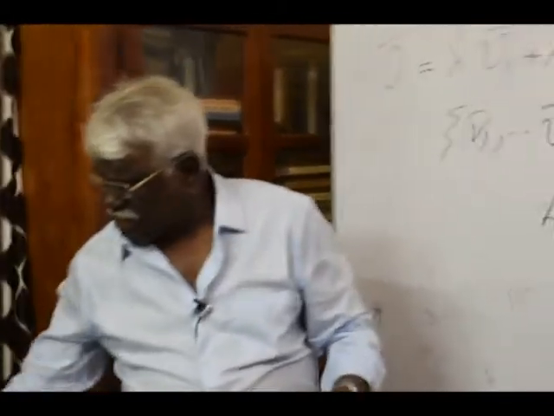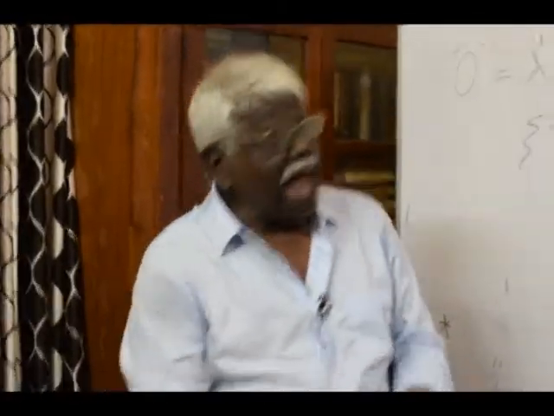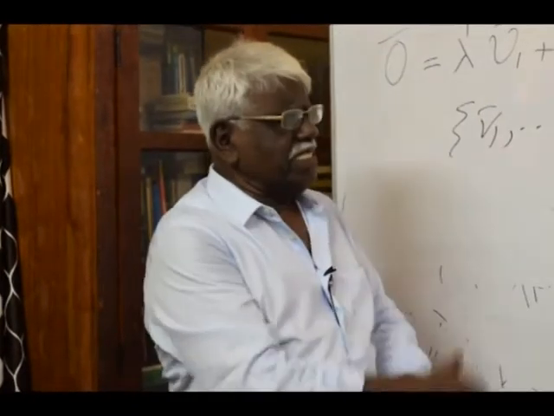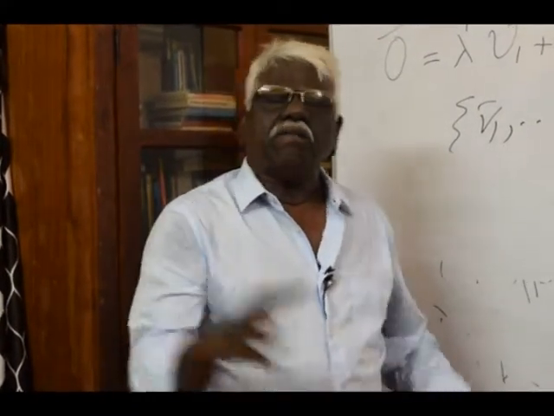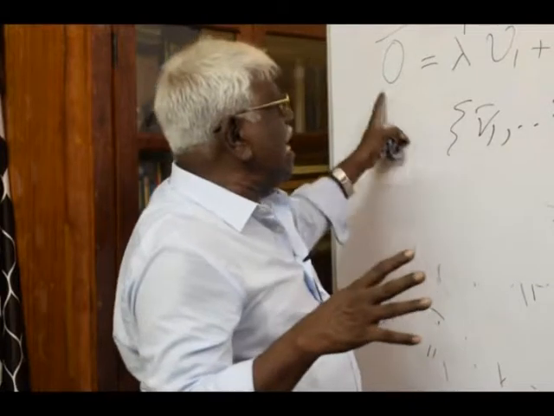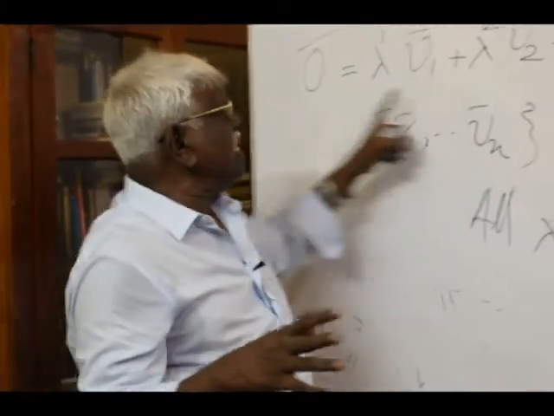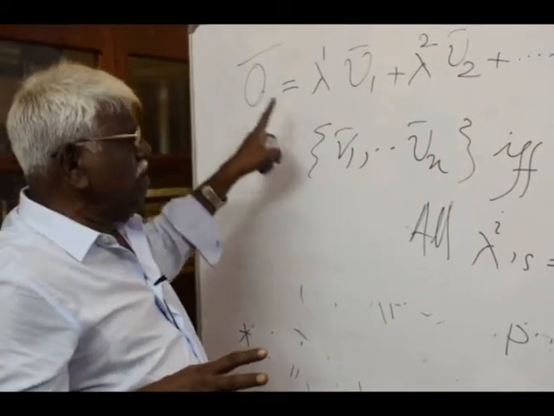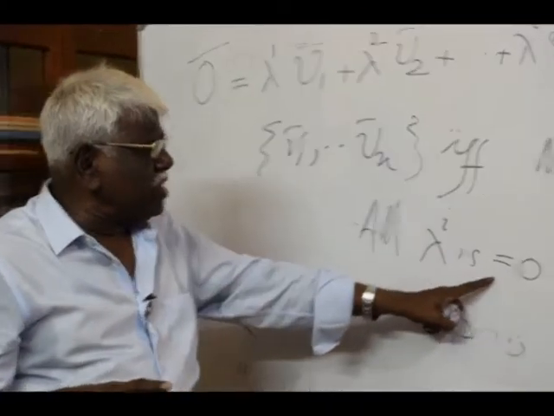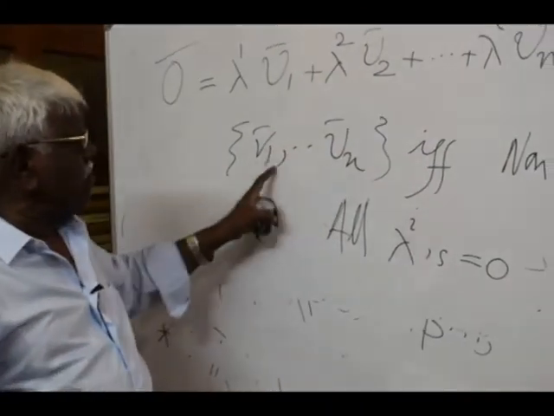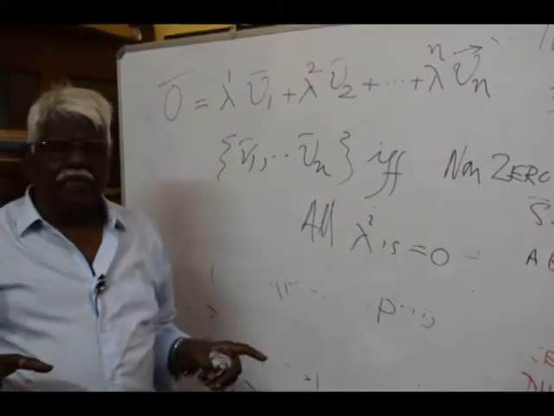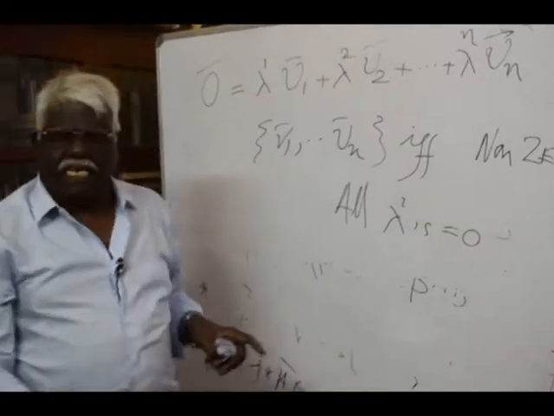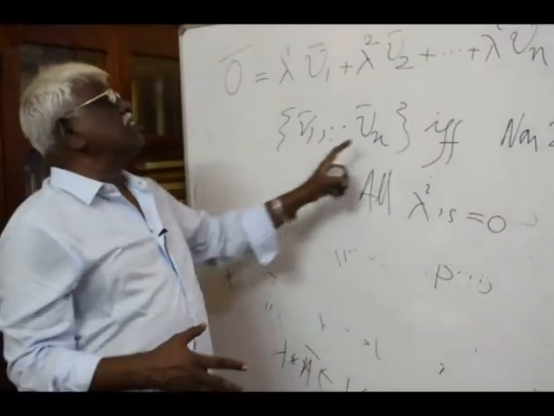Consider a vector space, and add all these non-zero vectors such that the sum is equal to 0. If all lambda i's are 0, then this set of vectors v1, v2, up to vn constitutes a linearly independent set of vectors. These are all non-zero vectors.